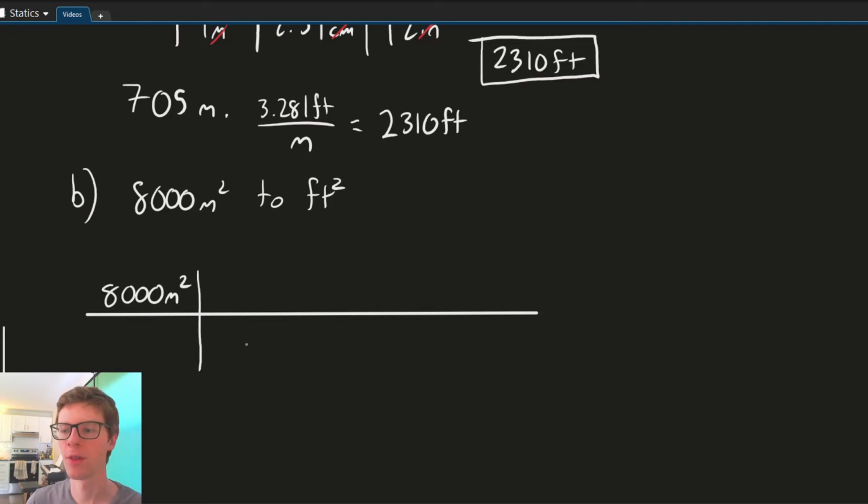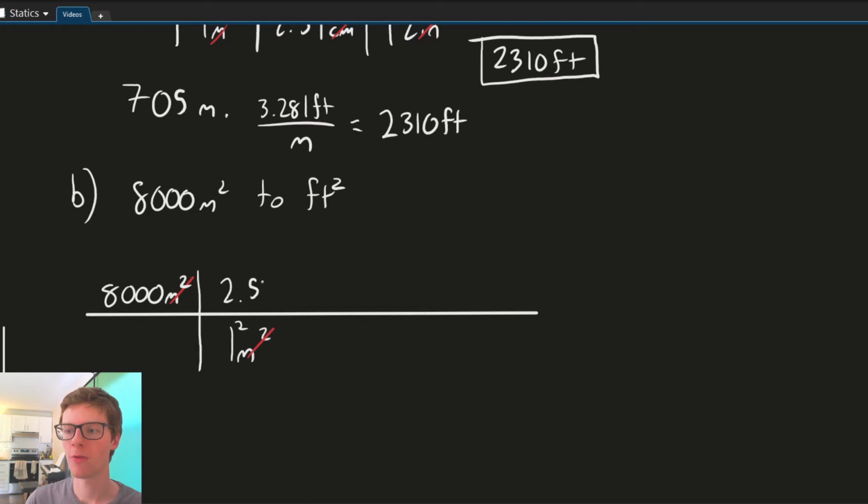So I need to get 1 meter squared in the bottom. So that means I need to square both terms. Really what you're doing is you're doing parentheses squared, but I just like writing the squareds outside because then I can cancel these directly rather than having to do it through the parentheses.